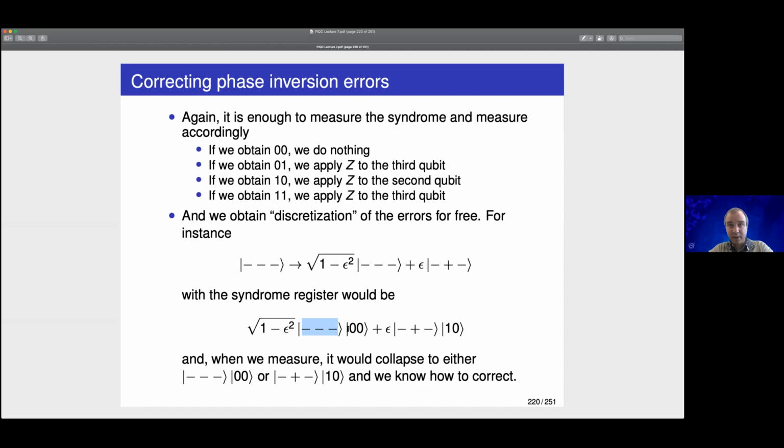For instance, here we have no error. Here we have an error in the second qubit. But when we measure these two qubits of the syndrome, again, we collapse the state to a concrete error. And that concrete error is what we can correct with the corresponding Z operation. So it's exactly the same idea. Any question up to this point?